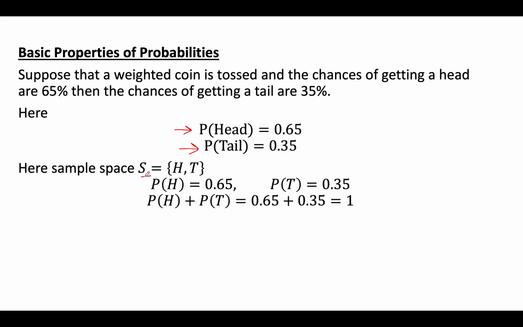Now all of us know that the sample space of tossing a coin is either head or tail. If I add the probabilities of all the possible outcomes of my experiment, then I should get 1 at the end, which is equal to the probability of S.